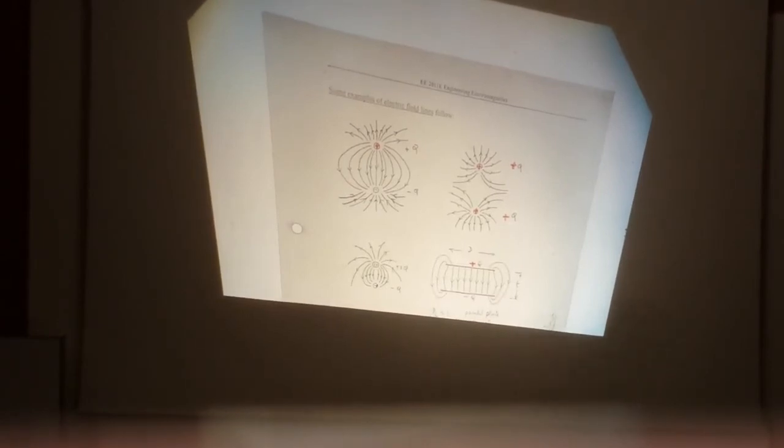Because according to charge conservation, if you create a charge of plus 5, somewhere somehow a minus 5 will be included. The total charge in the universe is always fixed. So if you create plus Q, where is the minus Q? Minus infinity.